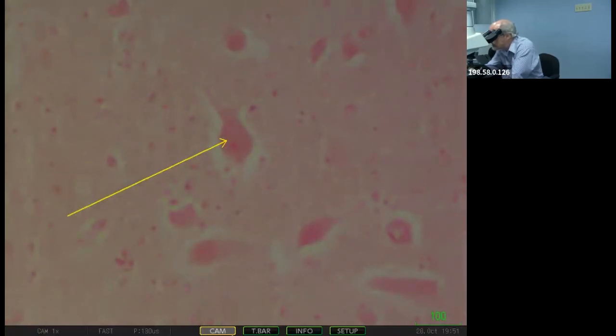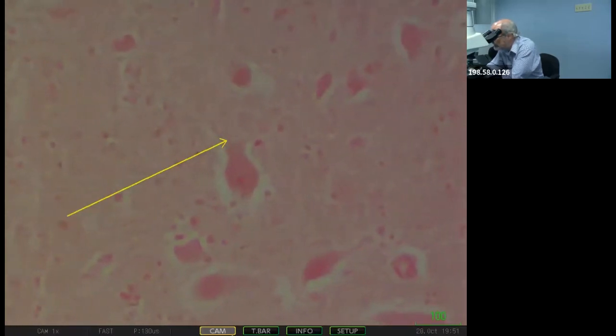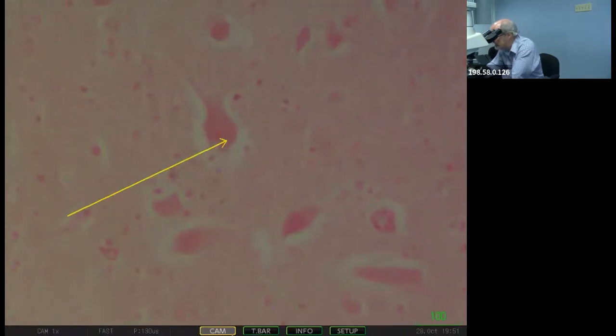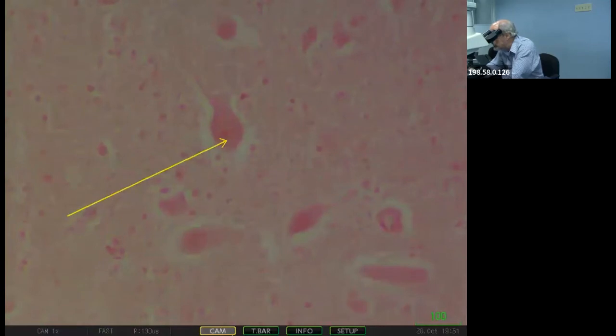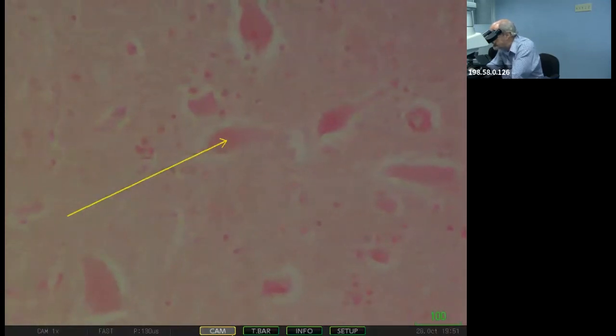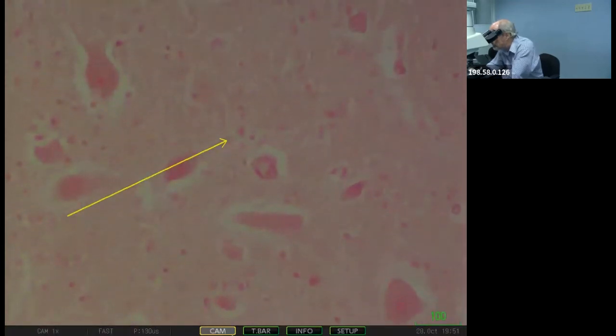You will have some processes here, which will be your dendrites. So what type of cell is it? It will be a multipolar cell. Your motor neuron is a multipolar cell. So you have some processes which are dendrites, or it can be the axon also.